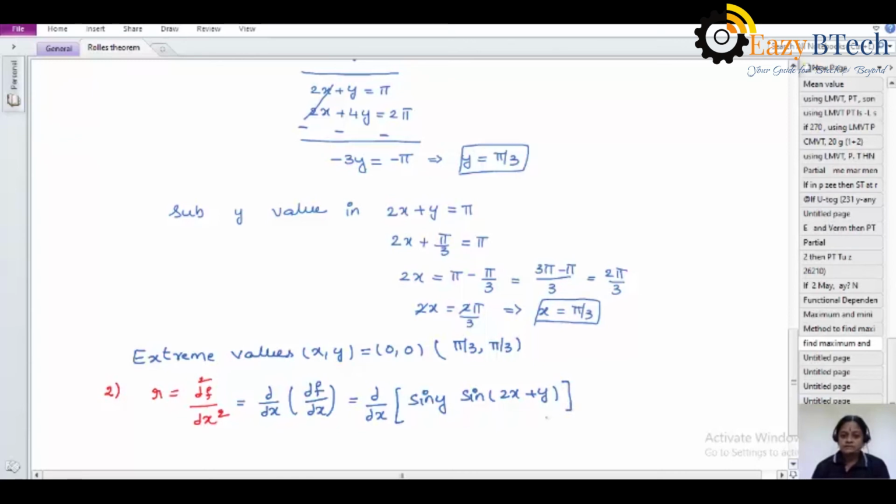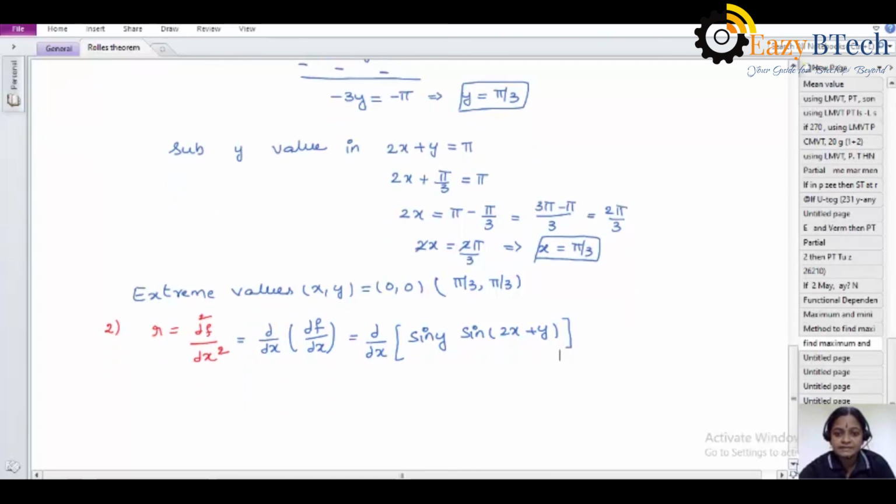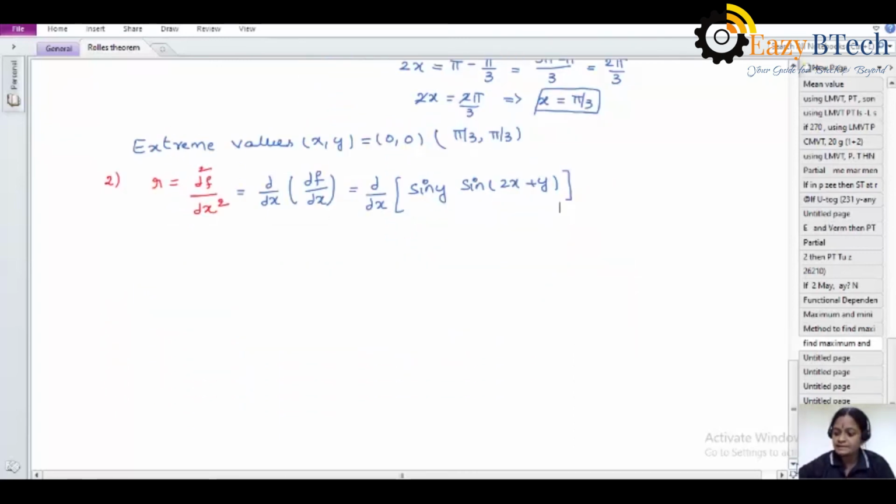Okay, with respect to x here we are doing partial differentiation, students. Then sin y as a common, sin y as a common here. So sin y common, then dou by dou x of sin of 2x plus y.